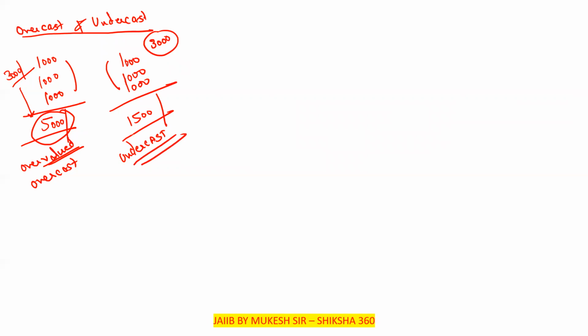So what do we have to do next? To correct the overcast, we have to subtract 2,000. Similarly, in this one, we have to add 1,500 more to make the correct entry.